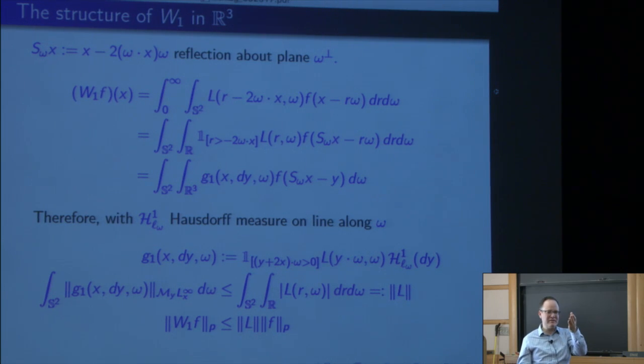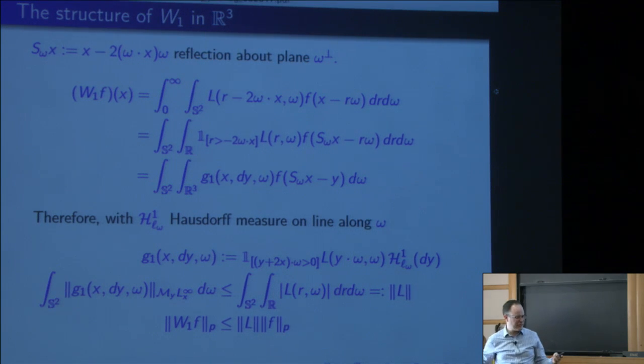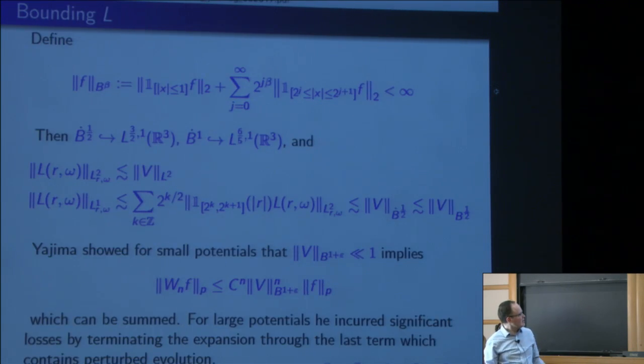Which maybe, I mean, Tom is in a better position to judge, but is this physically maybe appealing? What does the wave operator do? You send in a wave, it reflects it, translates, I don't know. So there is a representation of that.